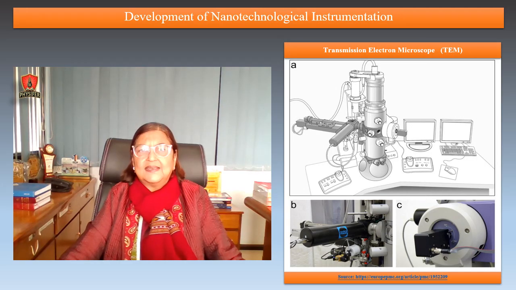In 1990, scientists used transmission electron microscope TEM to see and analyze the material at atomic level resolution. TEM helps reveal the structure, size, defects, and the composition of nanoparticles with unmatched clarity.